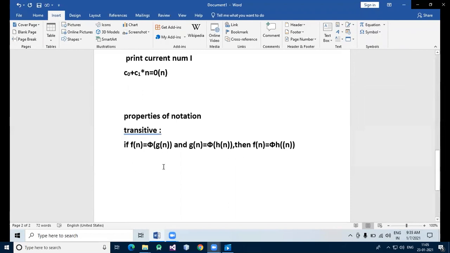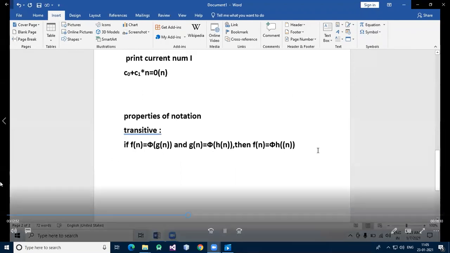Here, see, g of n and g of n get cancelled and the remaining is f of n is equal to theta h of n.